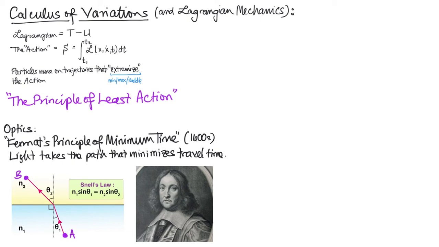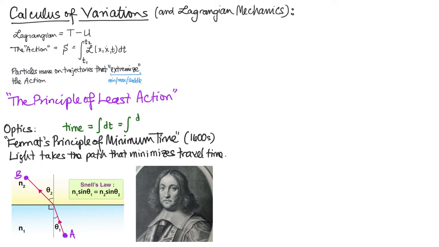In that case, the quantity that's being minimized here is time, travel time, which you can write as the integral of each little time step along the path. So you integrate dt all along the path. Now dt is a time, which is a distance divided by a speed, right?